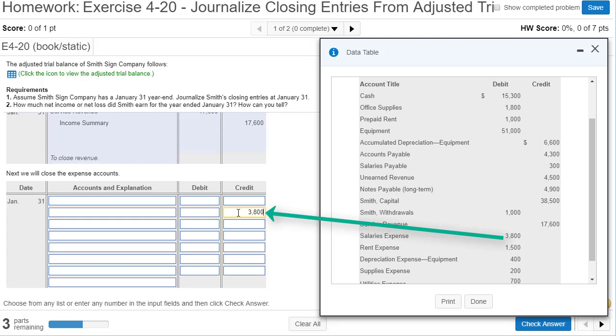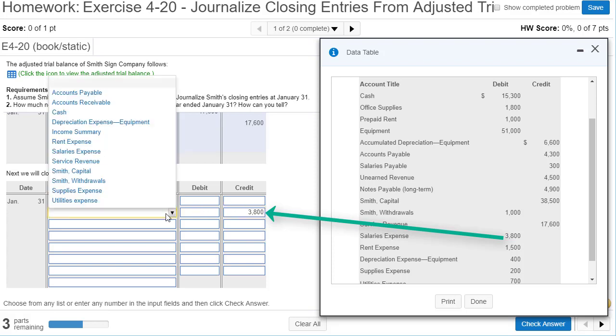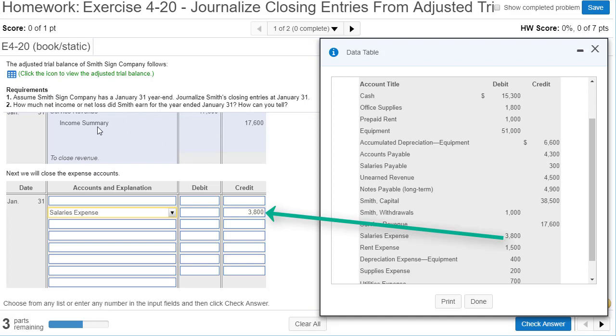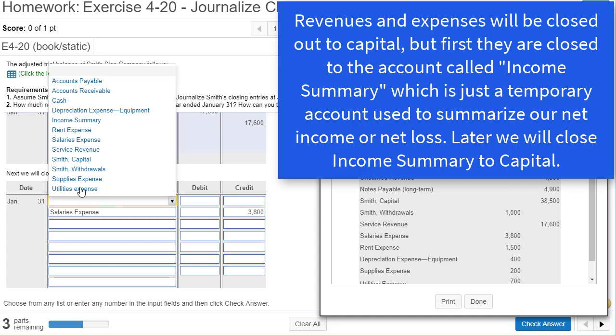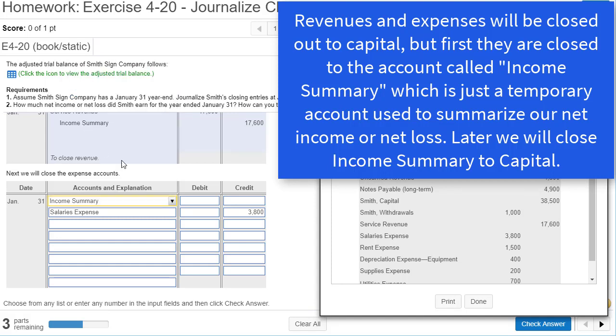And the reason I'm skipping the first line is the first line has to be the debit. We don't know what the amount is. So let's close out salaries expense. And remember that when we close out the revenue, we close it out to an account called income summary. So we close out expenses to income summary also. But we don't know the debit amount until we close out all the expenses.